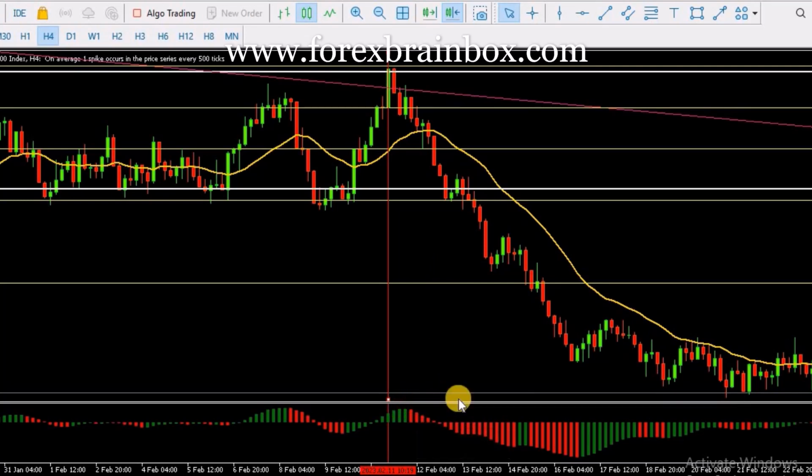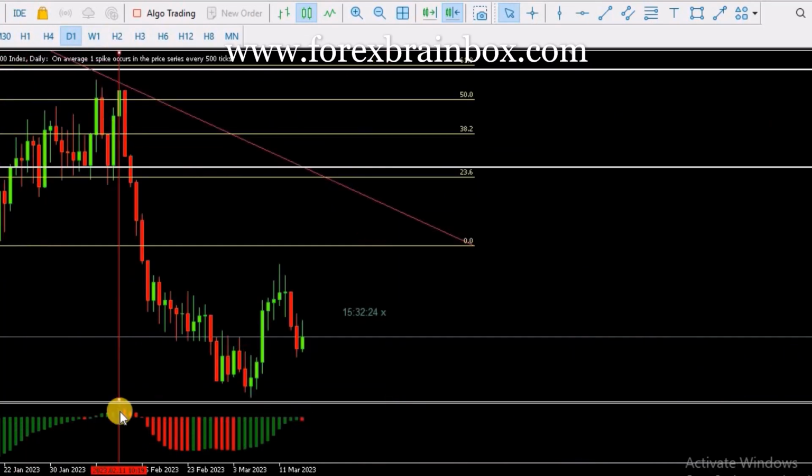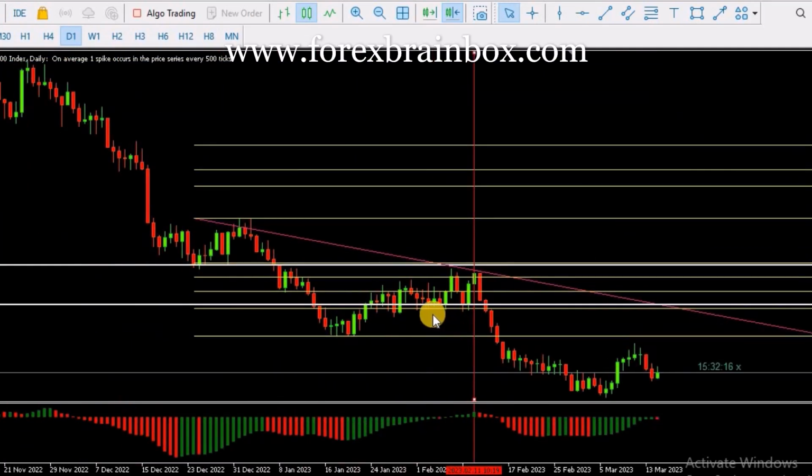Look at it here. You can see that the awesome oscillator is already above the 0 level, so it tallies with the sell opportunity. Start selling. You can see that, right? Very clean and proper.